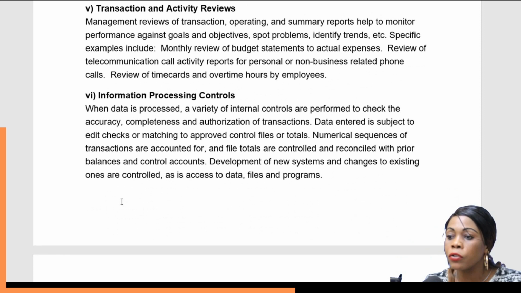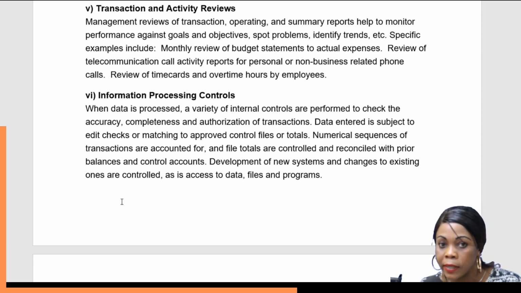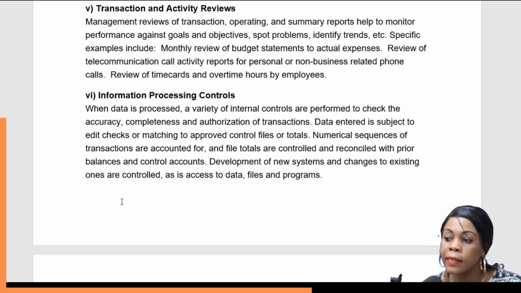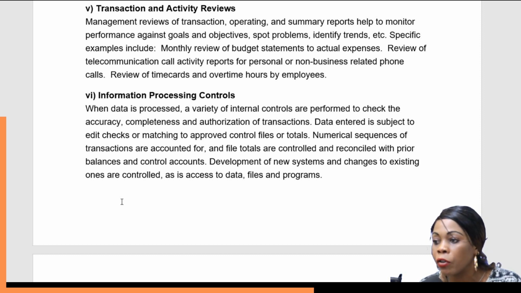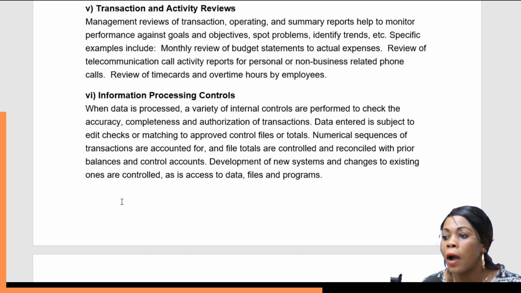Another internal control is information processing controls. When data is processed, a variety of internal controls are performed to check the accuracy, completeness, and authorization of transactions. Data entered are subject to edit checks or matching to approved control files or totals.